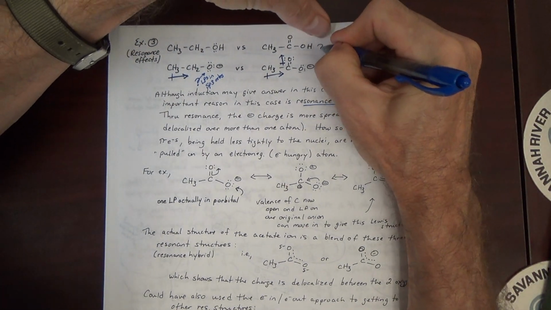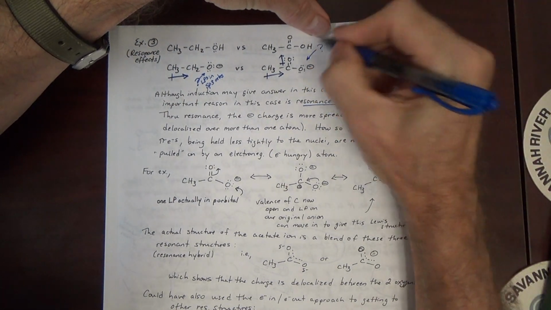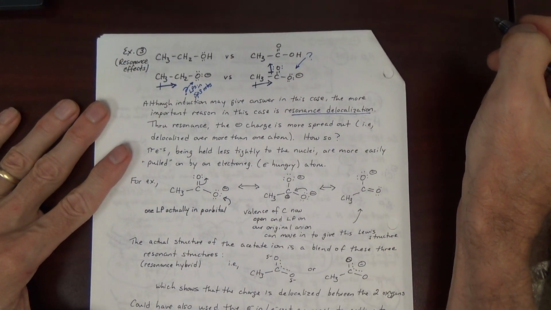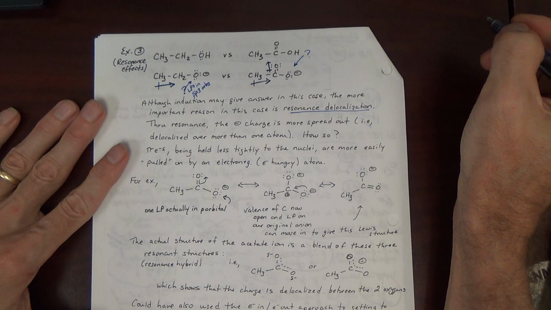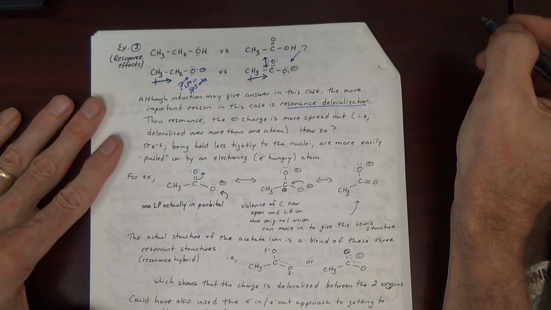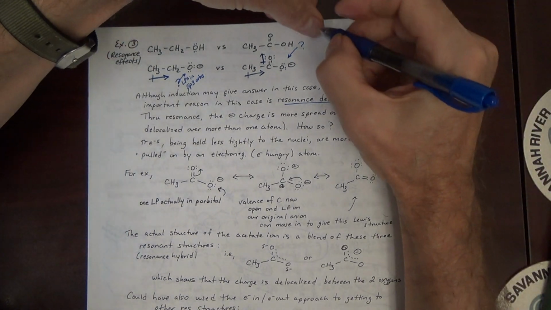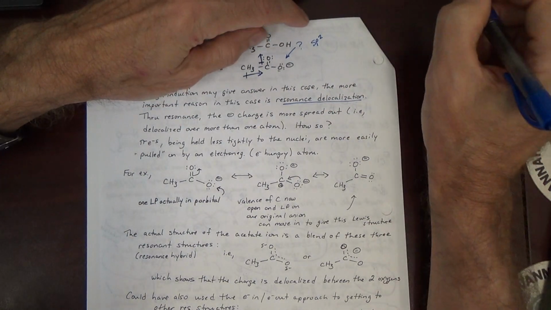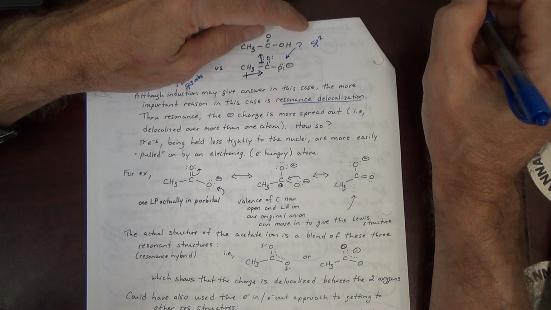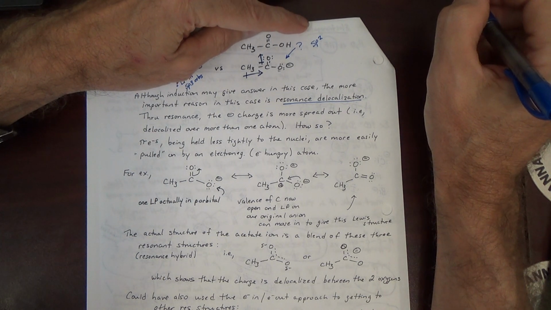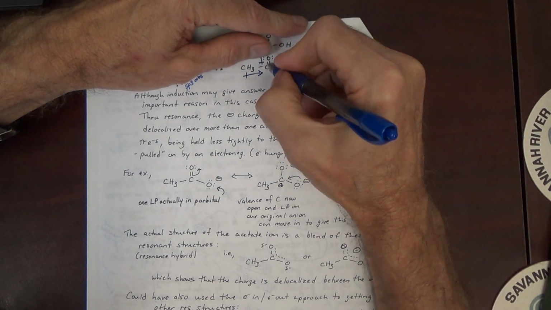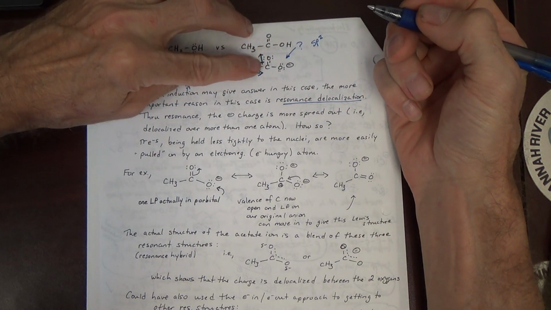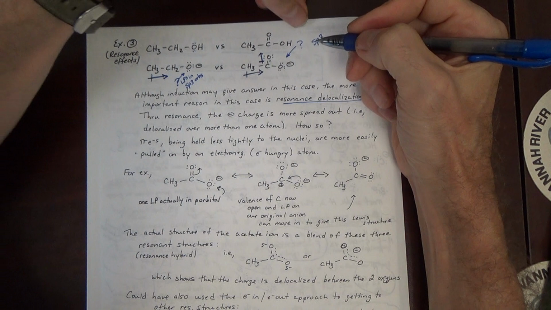But what's the hybridization of this oxygen? It is sp2. Why? Because the carbon next door is sp2 and it has a p orbital. And one of these lone pairs is in a p orbital.